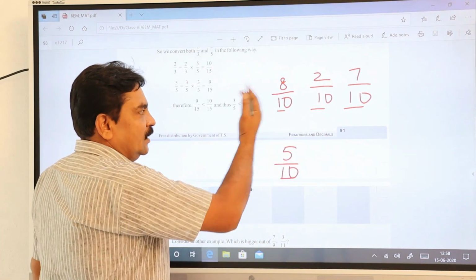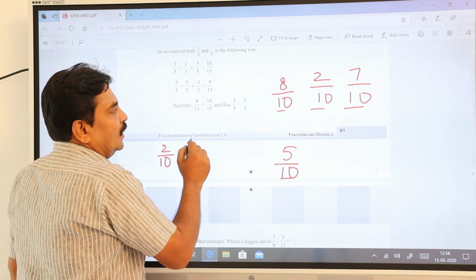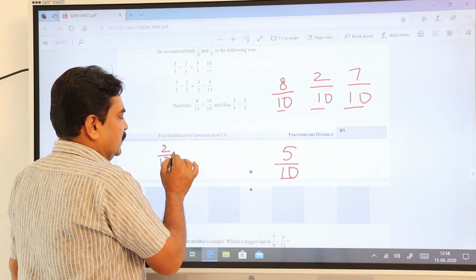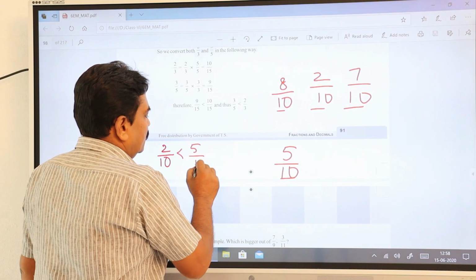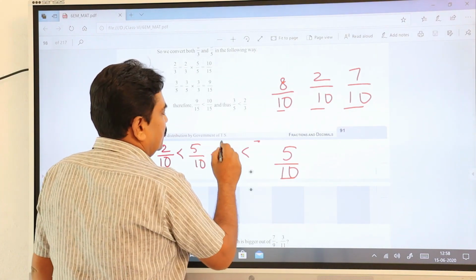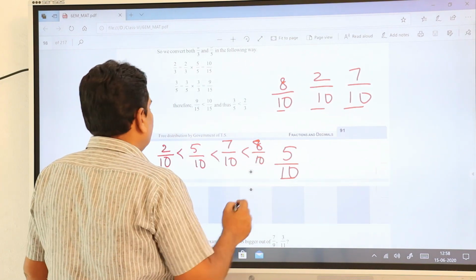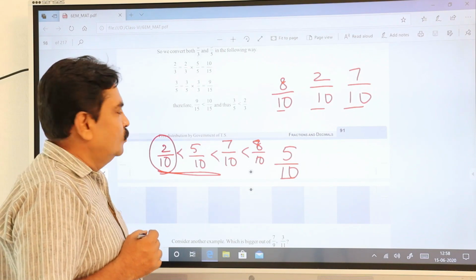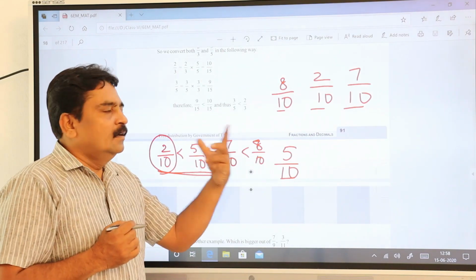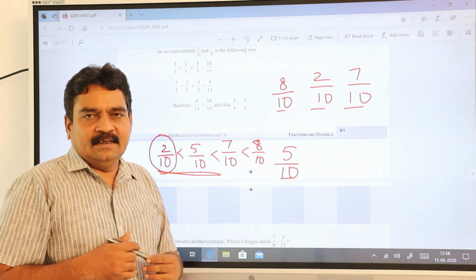I'll start from the least. 2 by 10 is lesser than 5 by 10. 5 by 10 is less than 7 by 10, which is lesser than 8 by 10. You can say the least fraction is 2 by 10 and the greatest fraction is 8 by 10.